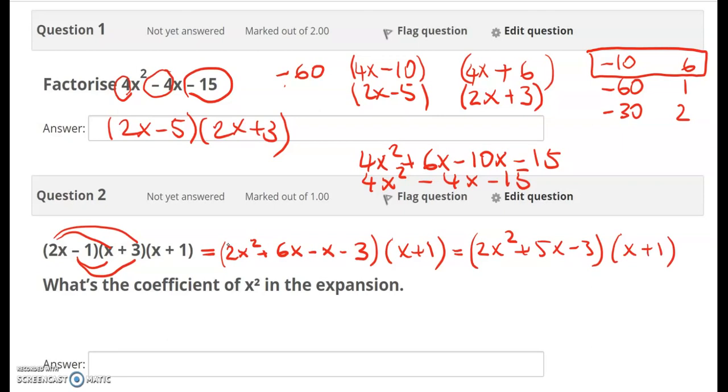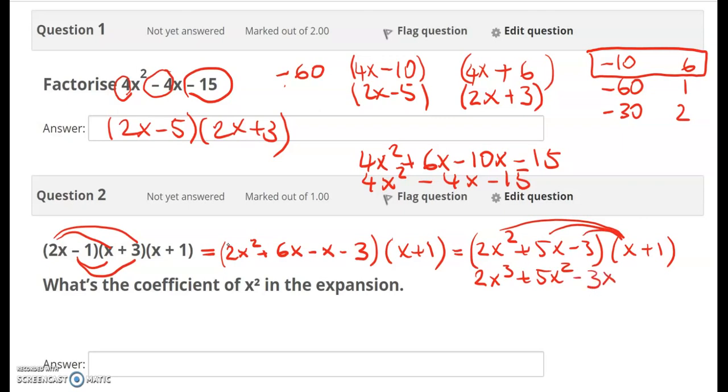Now I can multiply each of these terms inside by x. So 2x squared times x is going to give me 2x cubed, and 5x times x is going to be 5x squared, minus 3 times x is going to be minus 3x.